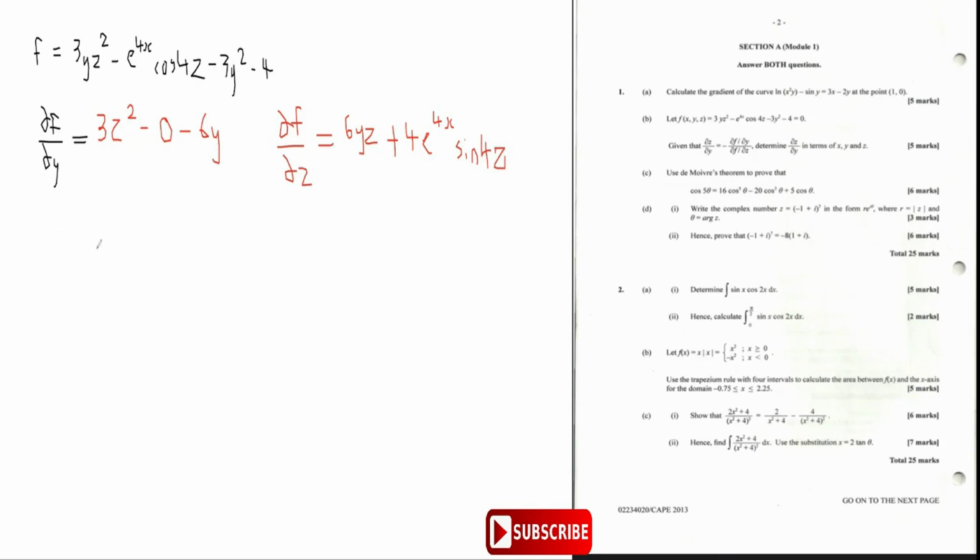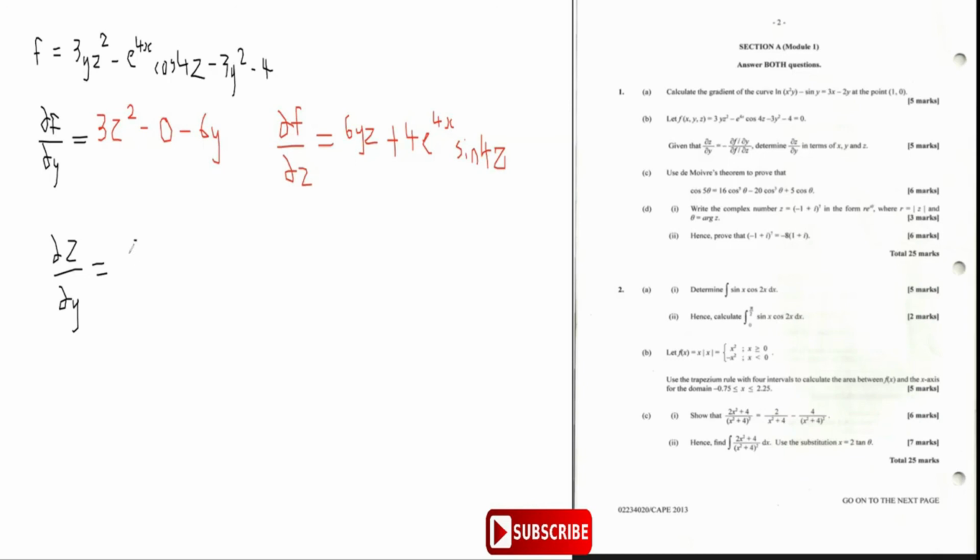So now we can go ahead and find dou z by dou y. Dou z by dou y is equal to minus dou f by dou y.